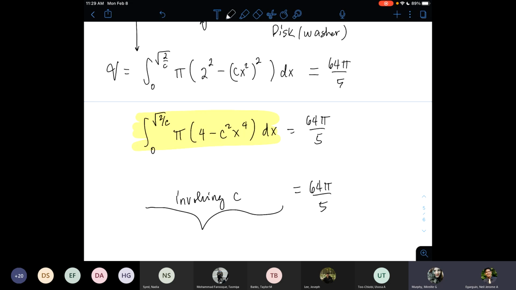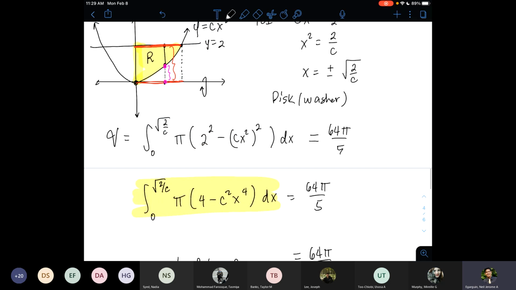I have a question. Why do you put it from 0 to square root of 2 over c? Oh, good question. Because remember that the bounds would be the bounds for the region. So you see that the region started here at x equals 0, okay? And it will end here at this x value, which is basically the point of intersection between the parabola and the line.